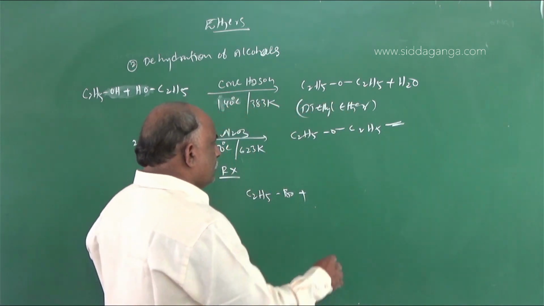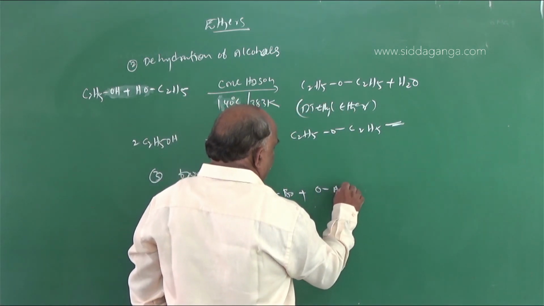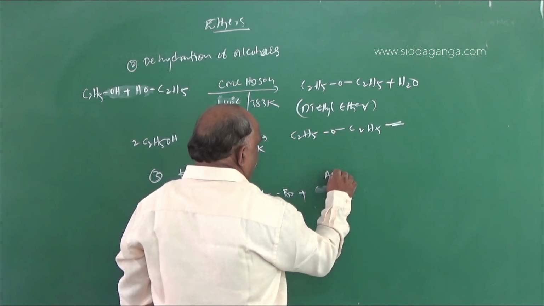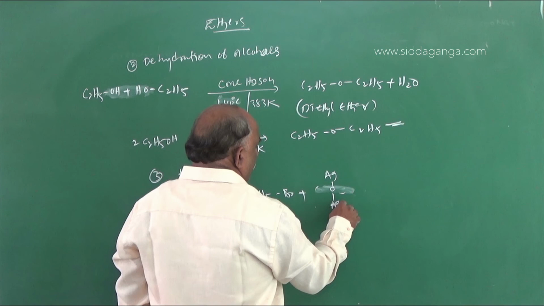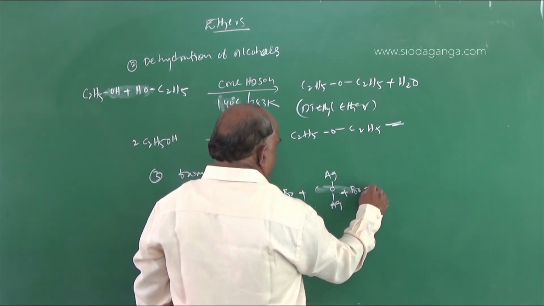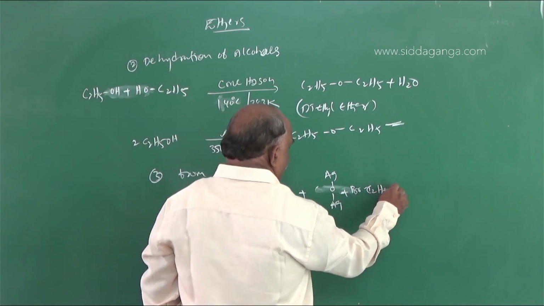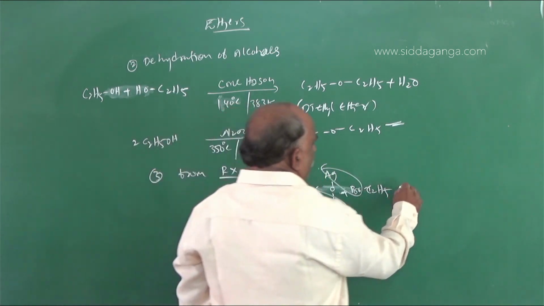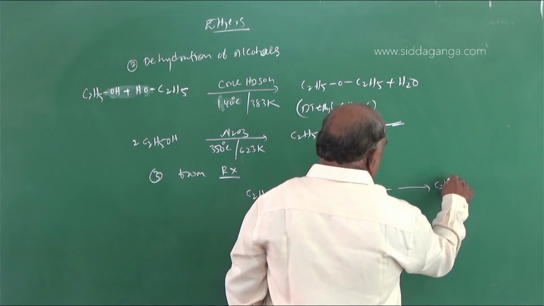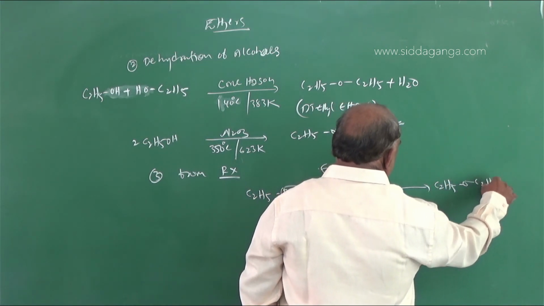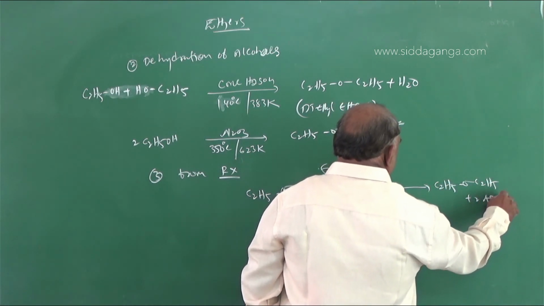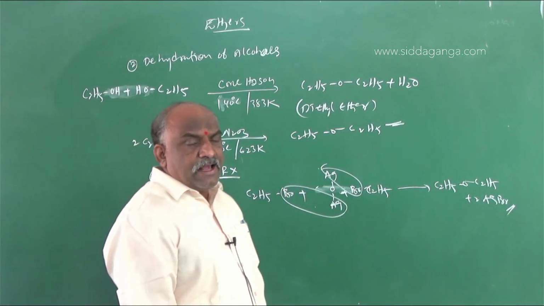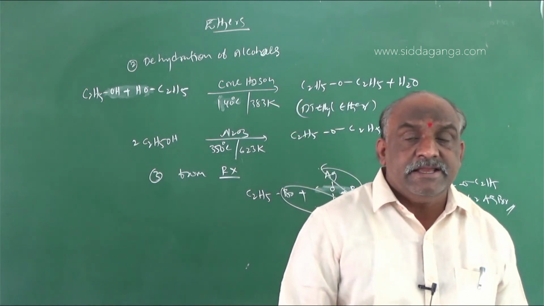What is Ag2O? We write Ag2O. So here again C2H5. AgBr will go out, and what remains is C2H5OC2H5 plus 2AgBr. This is also one of the preparations, my dear students. Alkyl halides are treated with dry silver oxide.